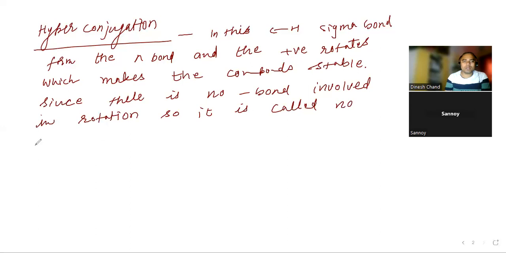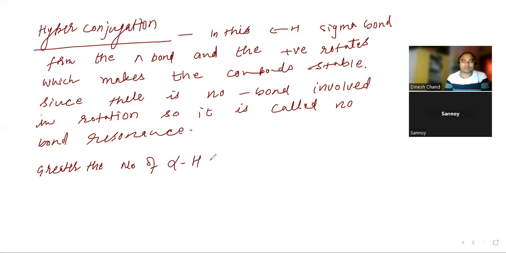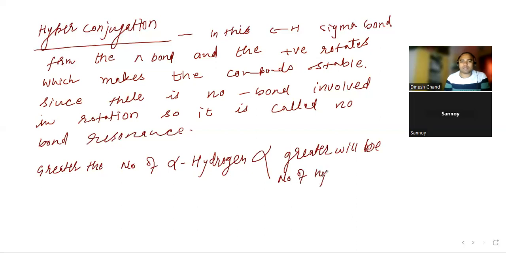The greater the number of alpha hydrogens, the greater will be the number of hyperconjugating structures, and the greater will be the stability.